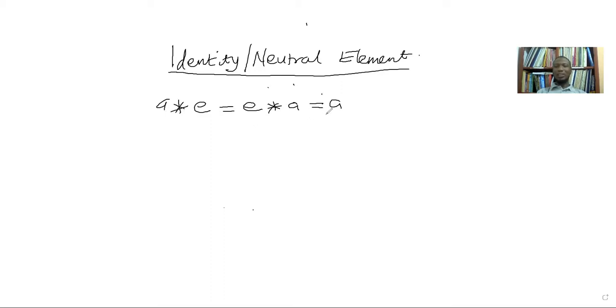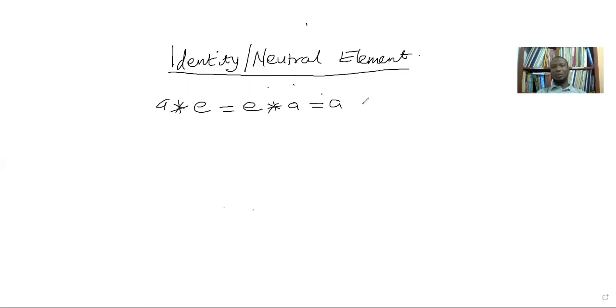We should get our original number back. That is the basis on which we are going to be working: whenever we combine a number with the identity element, we should get the number back.